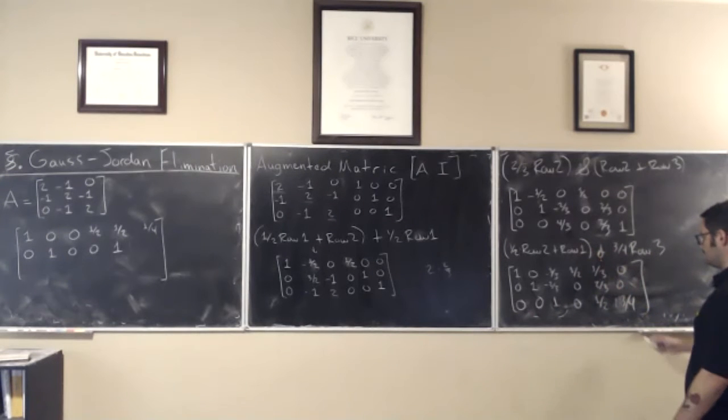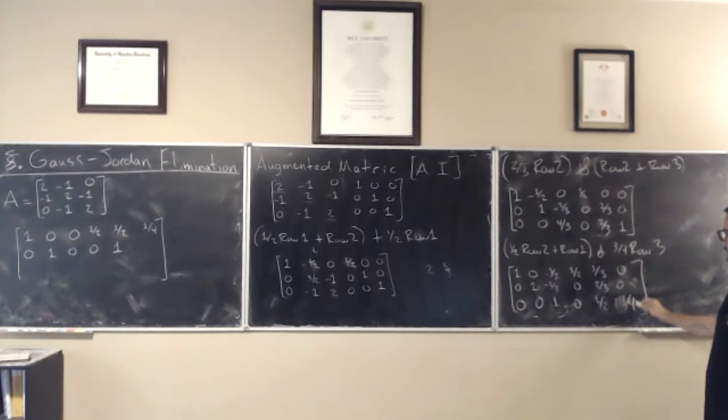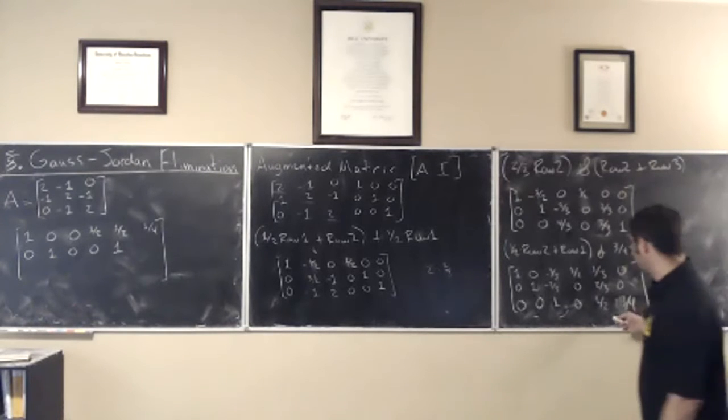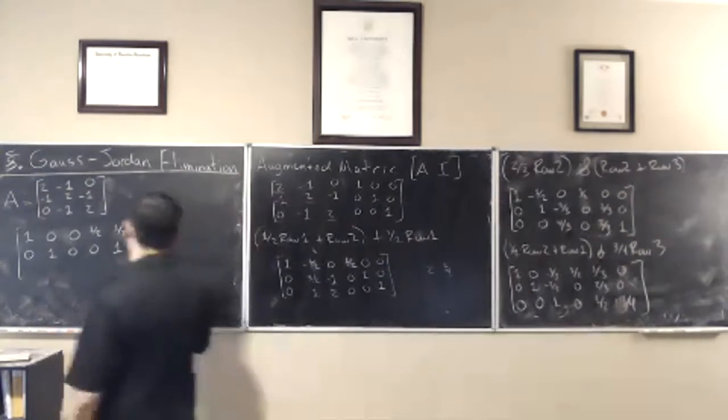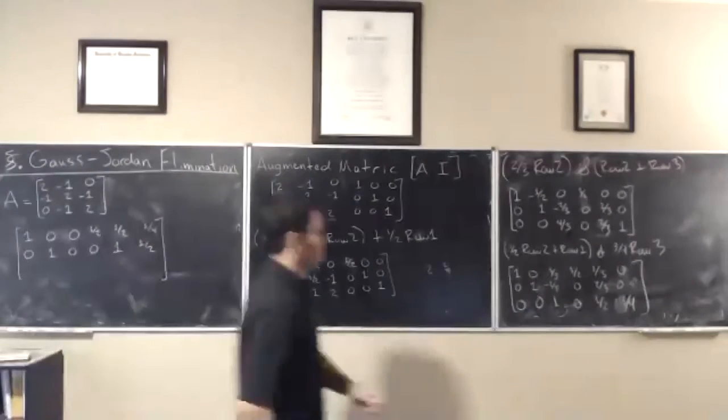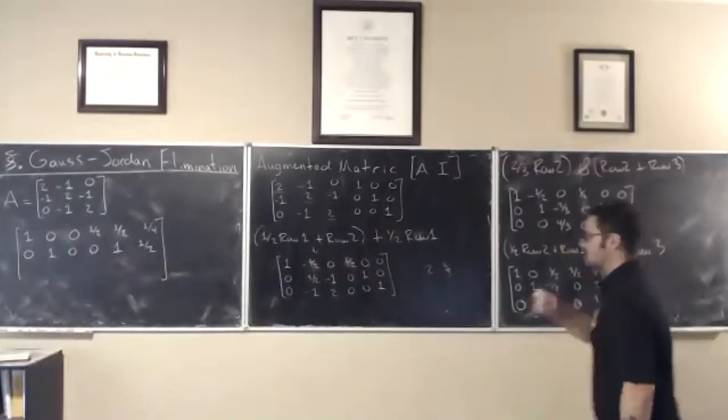Okay, that's 1. And then 2/3 of this. What is it? Is that just a half again? 2/3 times 3/4. It's a half. And then the last row stays the same.